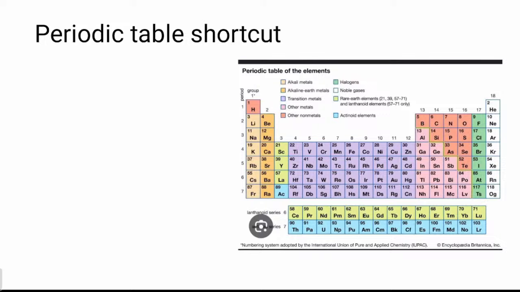But in the lanthanoid series, the change is very negligible. Like we can say that Ce and Pr have similar size, but for other groups, that is not valid. So this is the major effect of lanthanoid contraction.